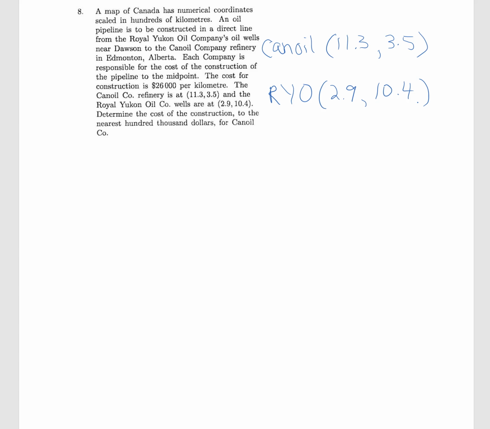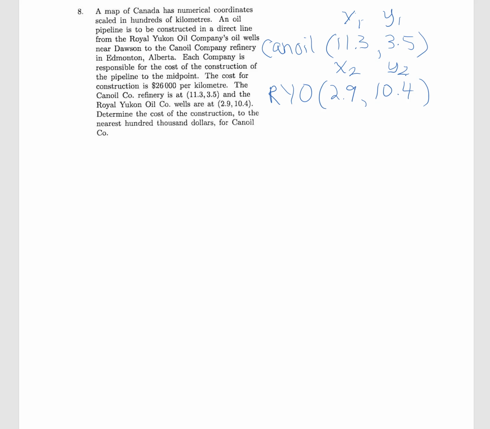I'm just going to label these as, for Can Oil, x1 and y1. And for RYO, this is going to be x2 and y2. And this is what we're going to use to plug into one of our equations.